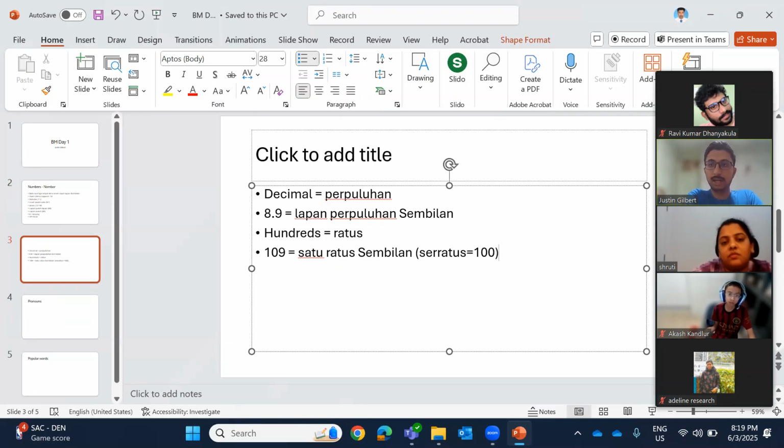Now both these ways are correct, and they are the regular way we speak or say numbers. In English, the direct translation would be one hundred and nine, or I can also say a hundred and nine, which means the same thing. Now, if I want to take a number that doesn't start with 1, I can't use the word se. By the way, apologies, I spelled this incorrectly. It should only be one t, ratus.